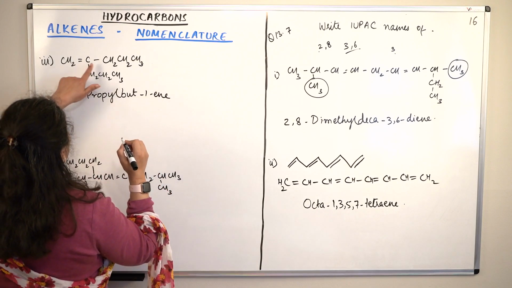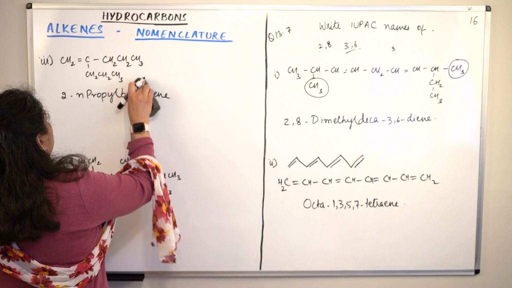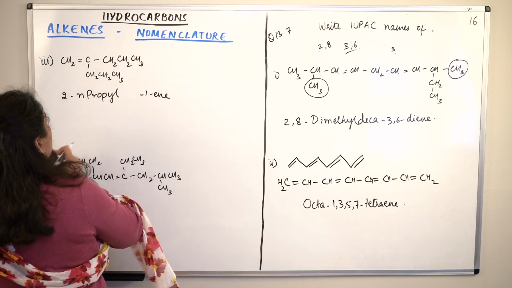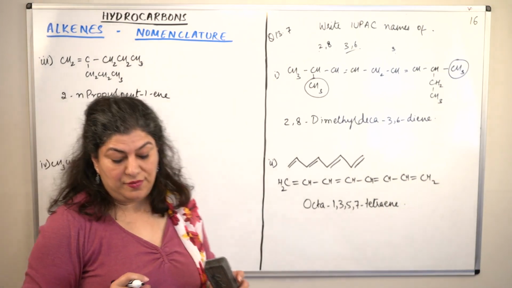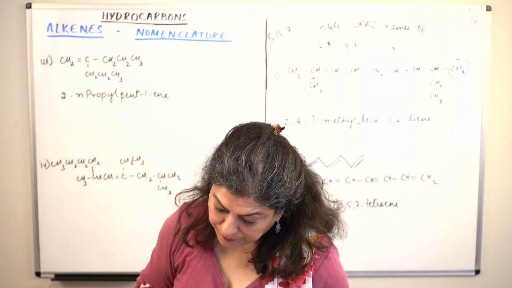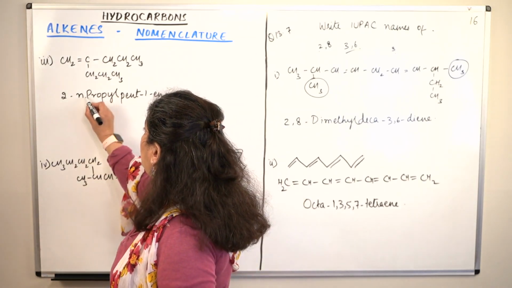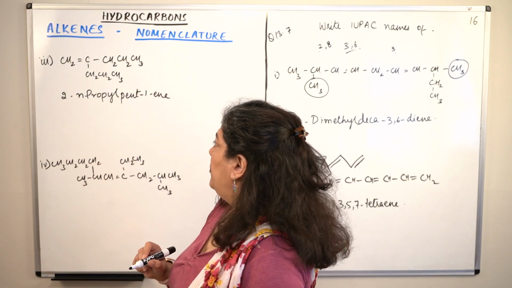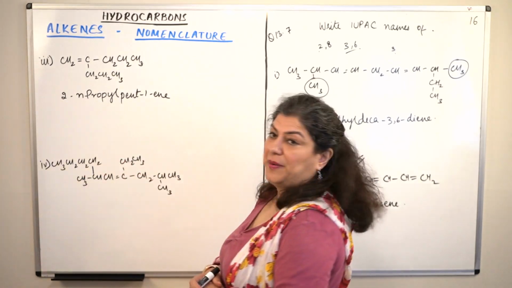No, pent 1, 2, 3, 4, 5. Sorry, it's not but, it is pent. There are 5 carbons in the main chain. So 2-N-propylpent-1-ene will be your compound. There should be a hyphen here also.